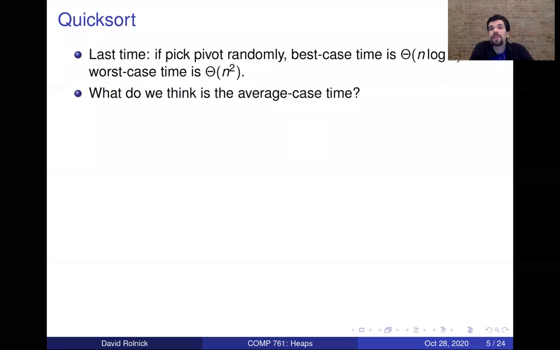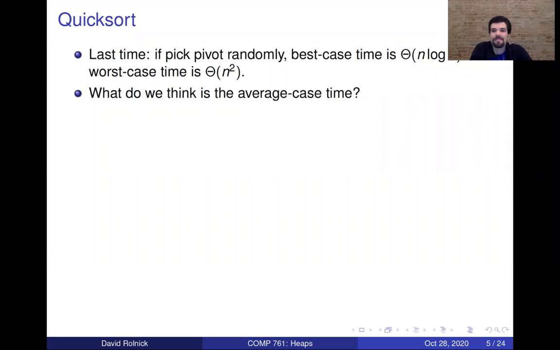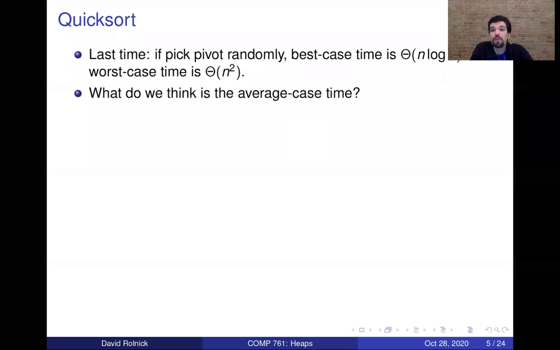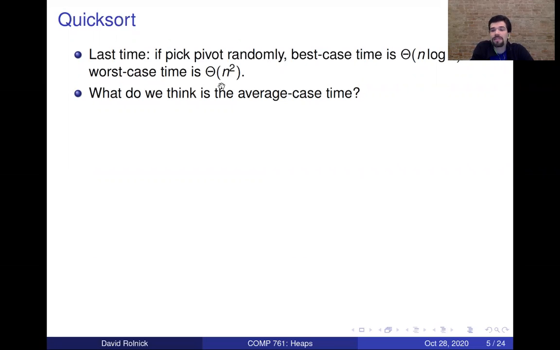At least what do we know about the expected, the average case time, given that we know the best case and the worst case? Yeah, it's somewhere between the two. It is somewhere between n log n and n squared.